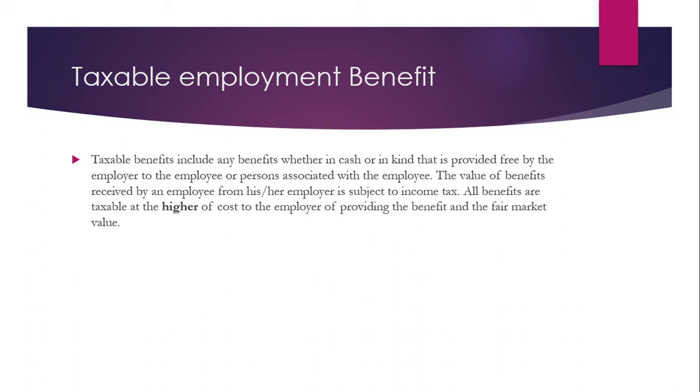Same for house allowance. If a house is being used and you're supposed to be paying rent and you are not paying rent, the value will be rated between the market value and the tax rate. So this is why we have taxable employment benefits as part of tax.